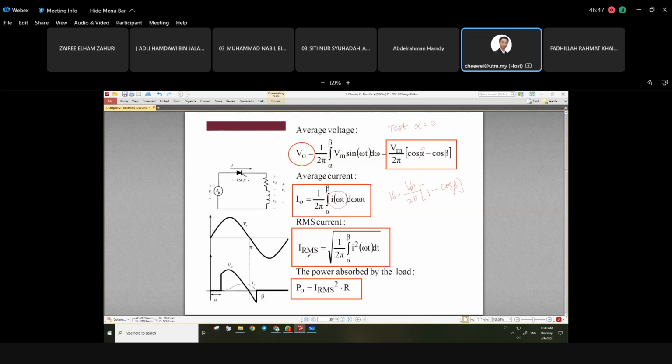Same thing goes if you want to find the RMS value of the current, then you will have to press longer, I guess, because you have the squared here of the equation. So please try your calculator. Different models use different pressing syntax. After you obtain the IRMS, you can calculate the power using I squared R as usual.